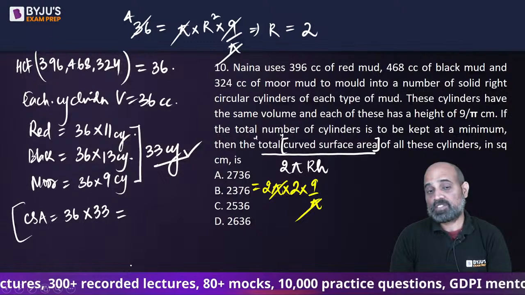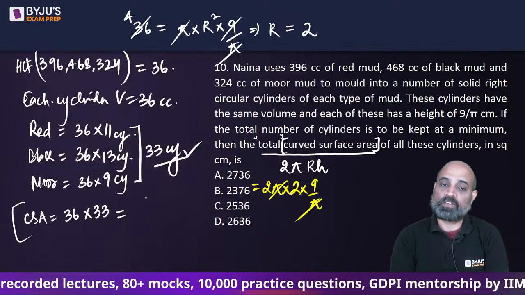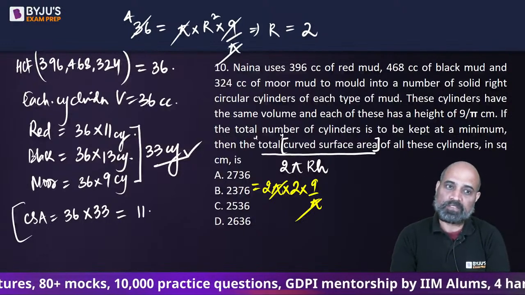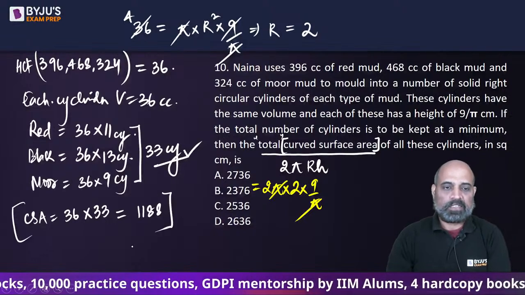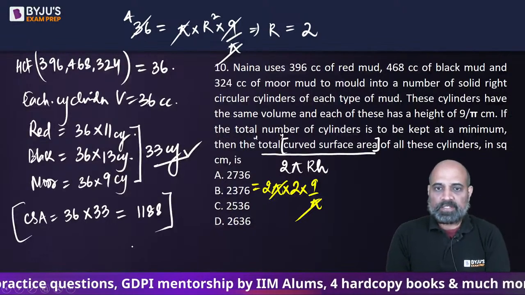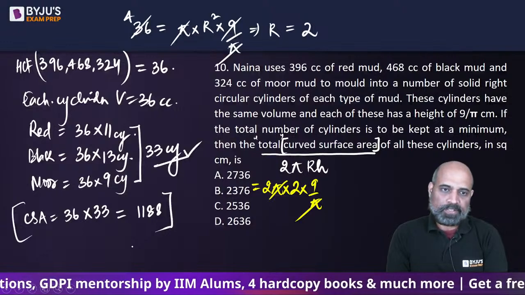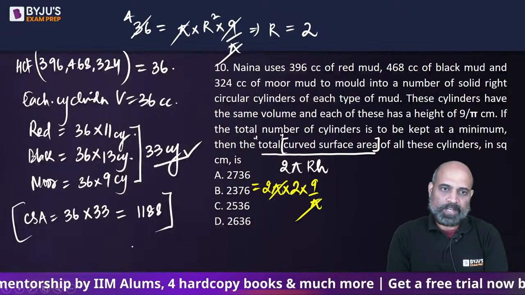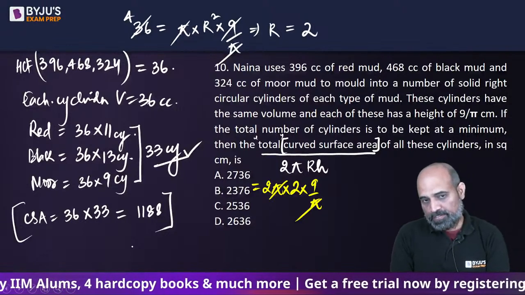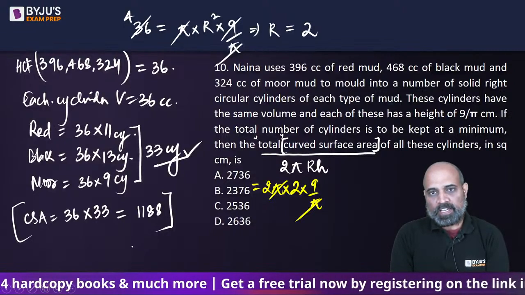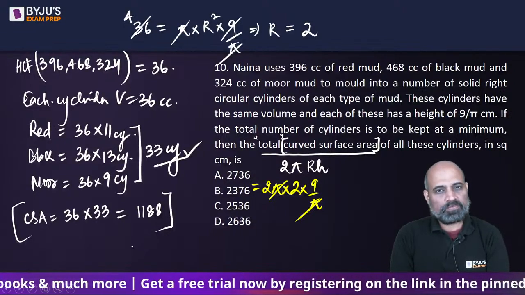But then 36 into 33 is going to be 1188, right? 33 cylinders we are going to have. 2 pi, radius is 2.